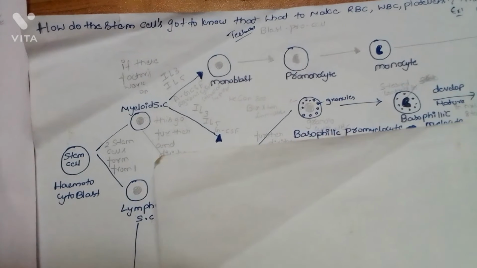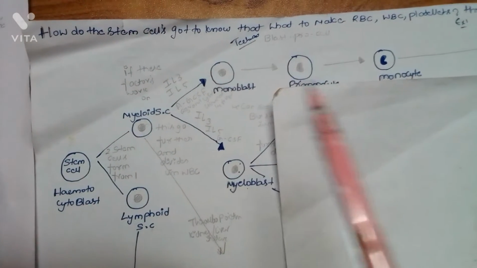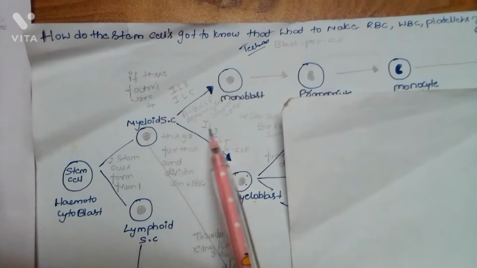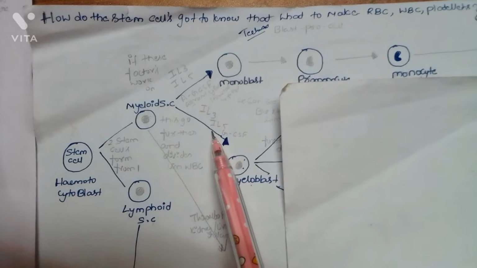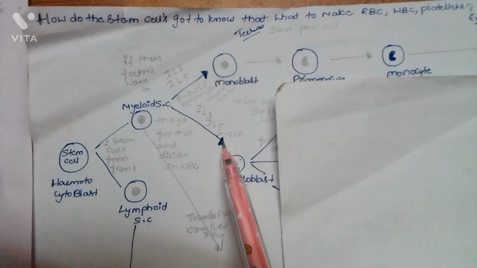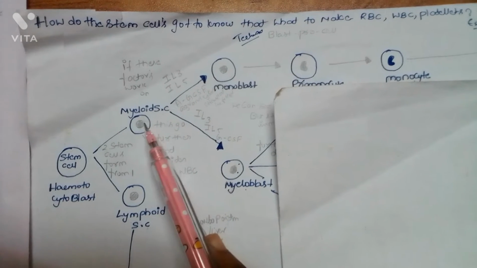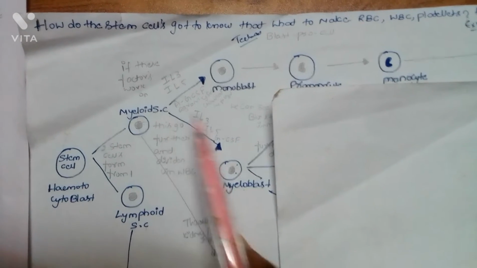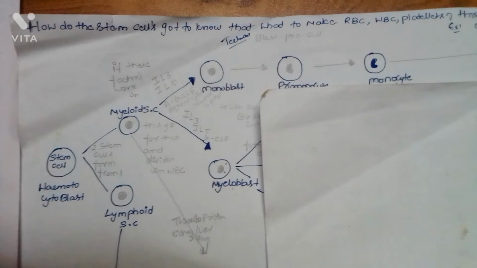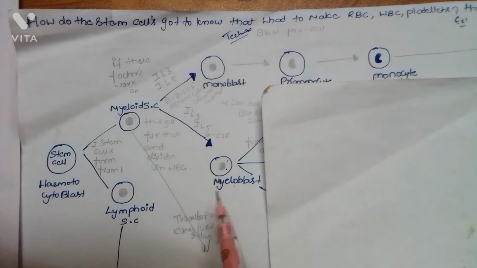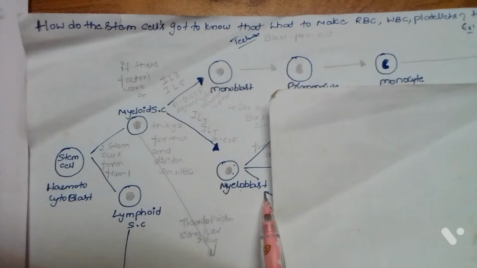Now we are going to learn about the next one. Interleukin 3, interleukin 5 and granulocyte stimulating factor act on the myeloid stem cell, and the process happens. The myeloblast forms.